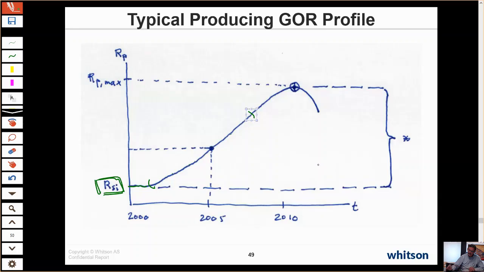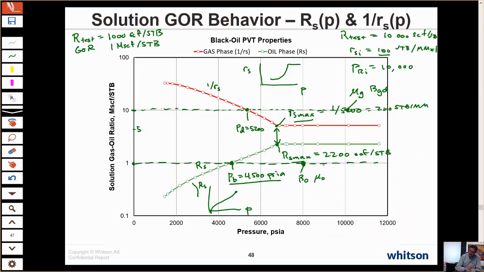What's happening there? In this interval here, you've got them for these, but you don't have any properties from 2200 to 5000.